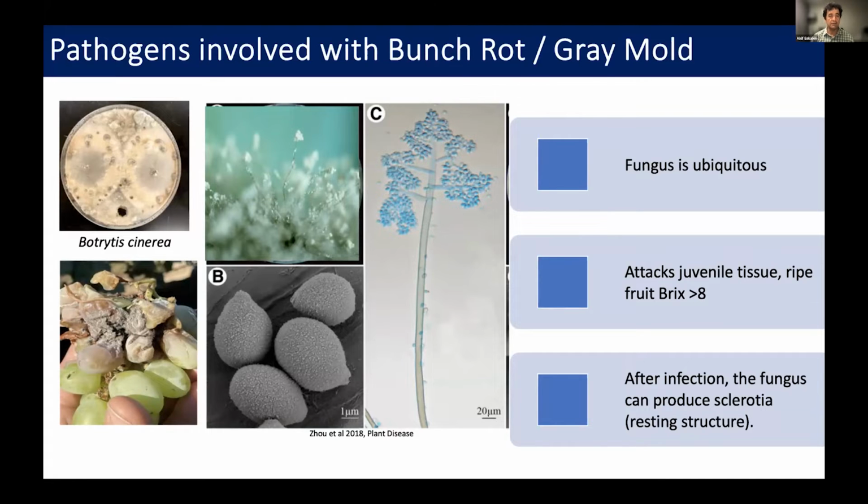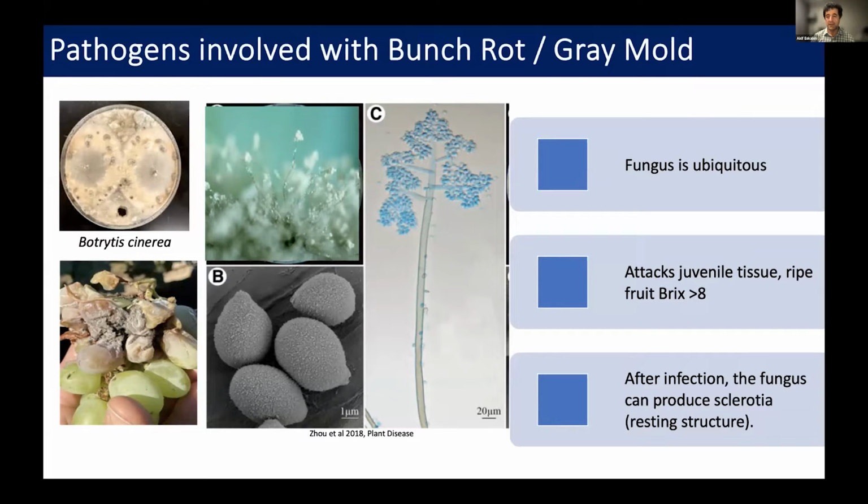I'm sure you know that any fruit that is harvested could have a problem with this. This pathogen attacks grapevine fruit especially when the Brix level is more than 8, not 88. That means they like the sugar.